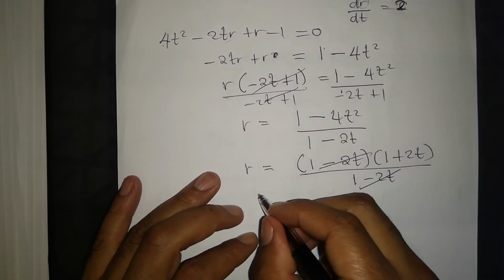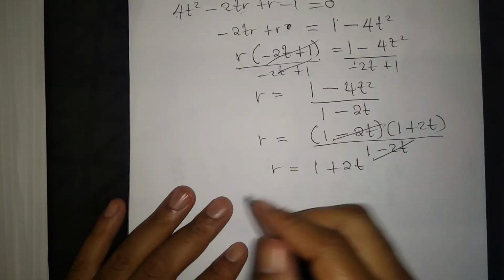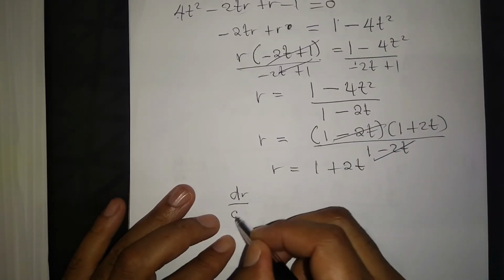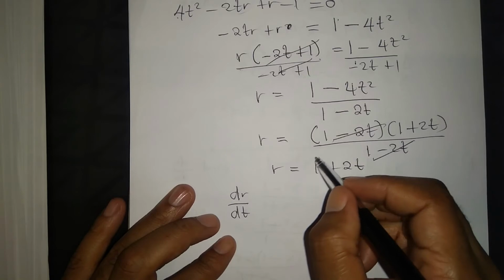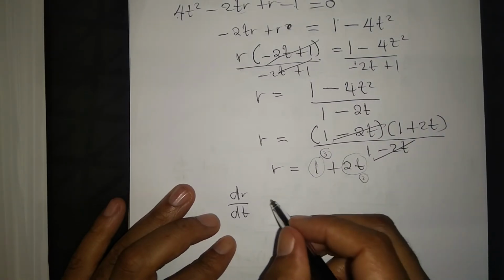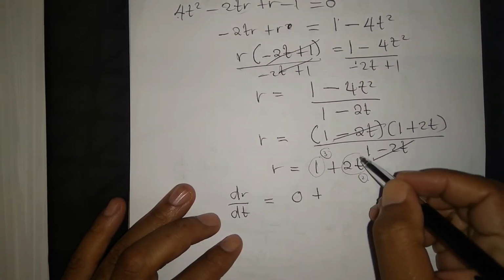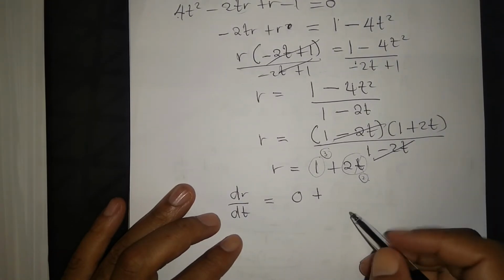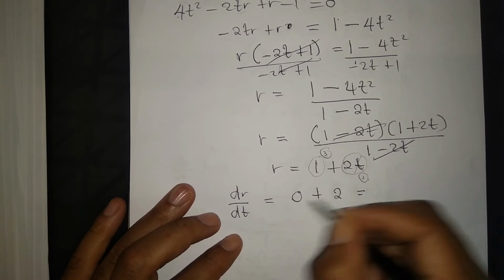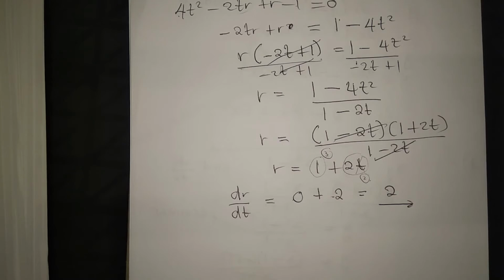They cancel and we remain with r equal to 1 plus 2t. Now dr over dt, this is rule number 3, this is rule number 2, equal to 0 plus, by rule number 2, we drop the t, remain with 2. So 0 plus 2 is what? Is 2. So this is our final answer.